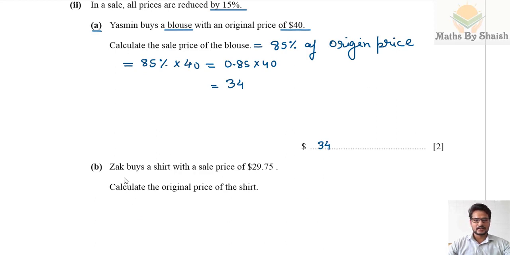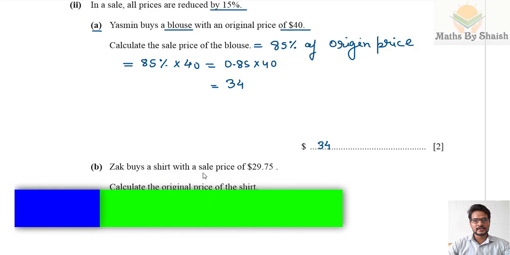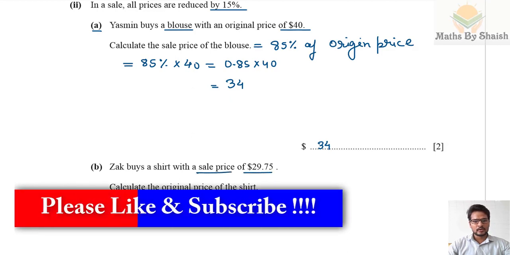And the B part, Zach buys a shirt with a sale price of $29.75. Calculate the original price.